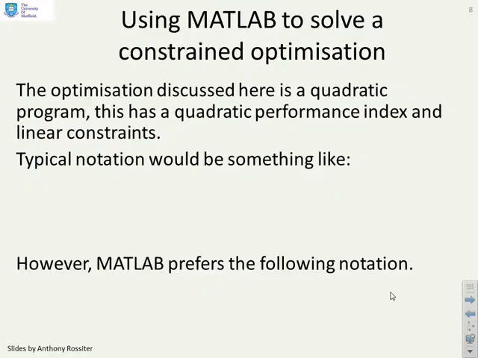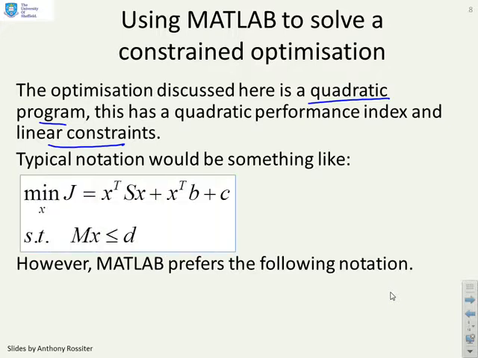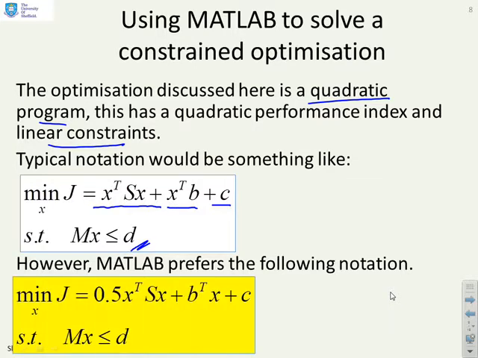Now using MATLAB to solve these sorts of problems, the optimization discussed here is a quadratic program. This has a quadratic performance index and linear constraints, and typical notation is something like this. You'll see we minimize x transposed Sx plus x transposed b plus c subject to Mx less than or equal to d.